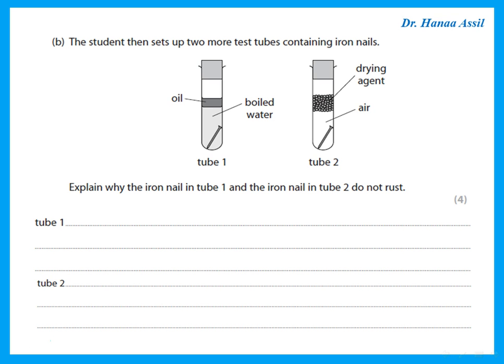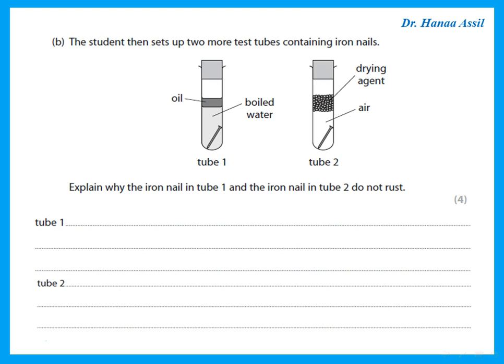The student then sets up 2 more test tubes containing iron nails. So you can see in tube 1, he has boiled water covered with oil. In tube 2, he has a drying agent and there is no water. Explain why the iron nail in tube 1 and the iron nail in tube 2 do not rust. Now, why do these nails not rust?